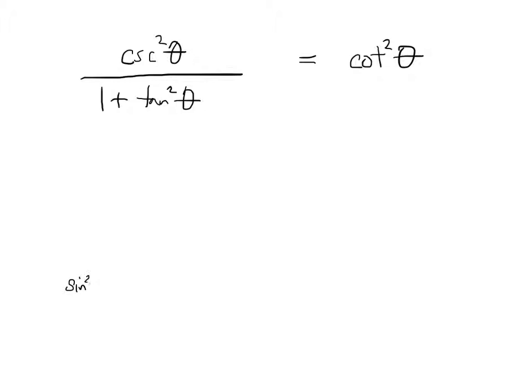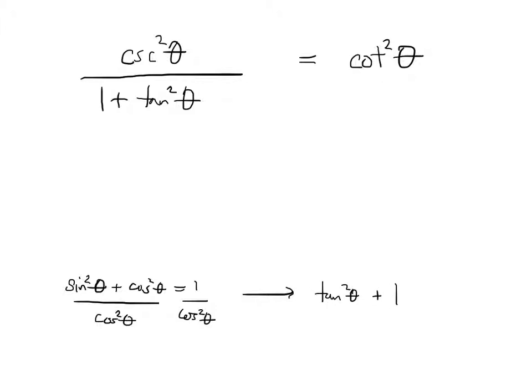If I have sine squared plus cosine squared equals 1, and I divide both sides by cosine squared, that gives me tangent squared plus 1 equals secant squared, which screams out that the denominator ought to be secant squared. That's a trick if you see it, but I'm going to do this problem as if we didn't notice that.